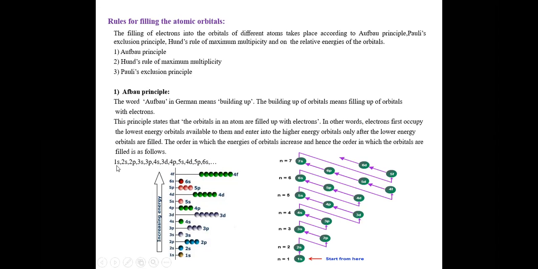See here, the order we have to fill is first the 1s orbital, next 2s, next 2p, 3s, 3p, 4s, 3d, 4p, 5s, 4d, 5p, 6s, and so on.